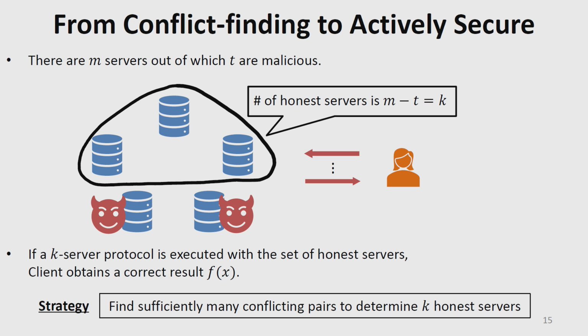However, the passively secure protocol itself cannot help the client to find the set of honest servers. Therefore, our strategy is to find as many conflicting pairs as possible based on the conflict-finding property, and we let the client determine all the K honest servers, and then the client will execute a protocol with them and obtain a correct result.